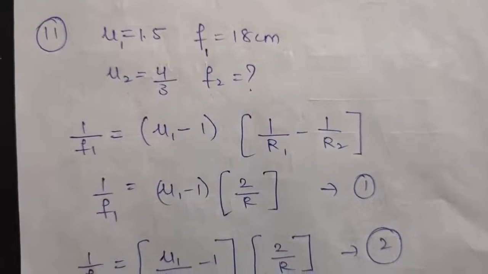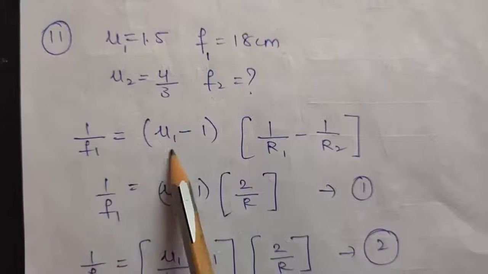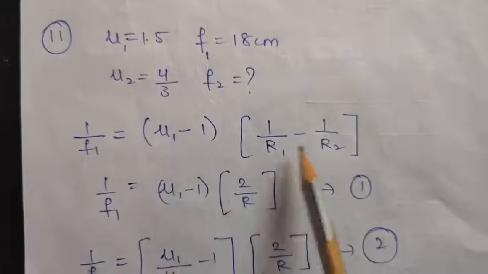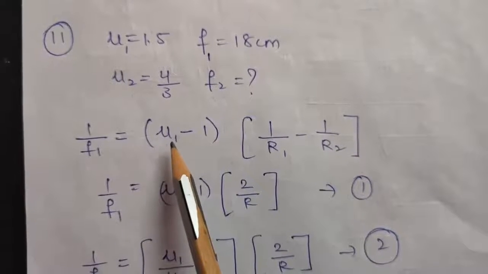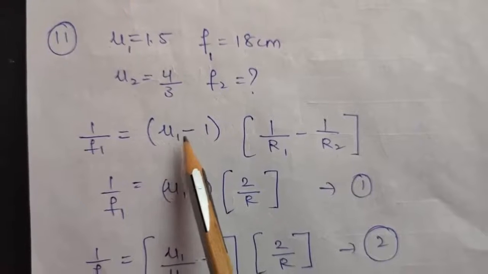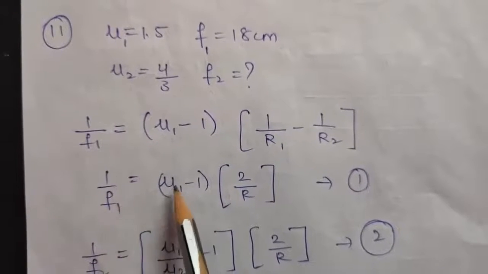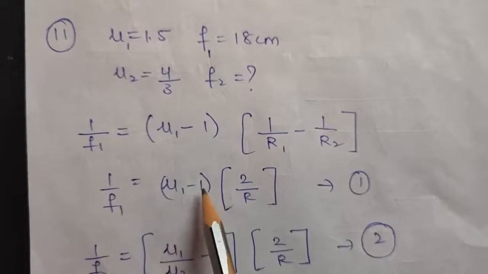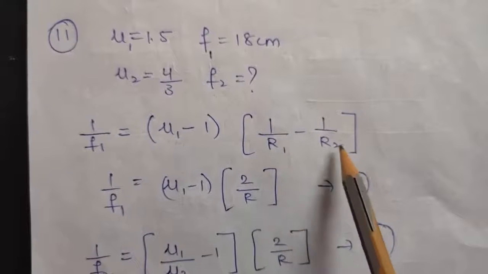By using the lens maker's formula, for the first case, as you know, 1/f1 = (mu1 - 1)(1/r1 - 1/r2), where mu1 is the refractive index of the medium of the lens, or you can say the refractive index of the lens. So 1/f1 = (mu1 - 1), and because you are given a convex lens, r1 will be r and r2 will be -r.